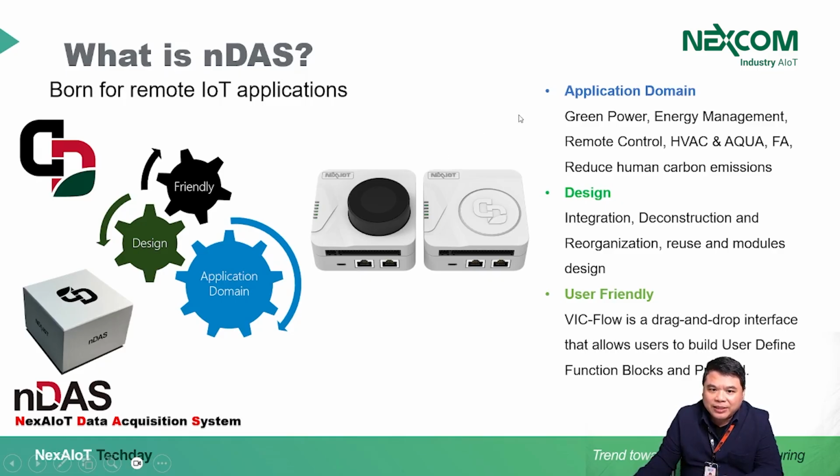We focus on application domains like green power, energy measurement, and remote control. HVAC means air conditioning, Aqua means water treatment, and FA means factory automation. We want to reduce human carbon emission.